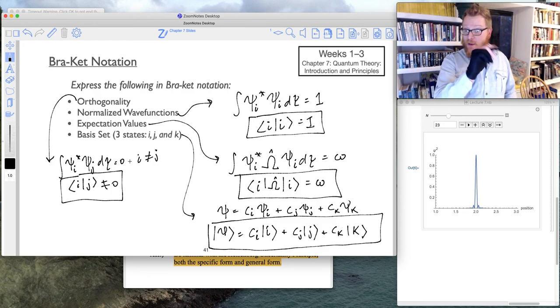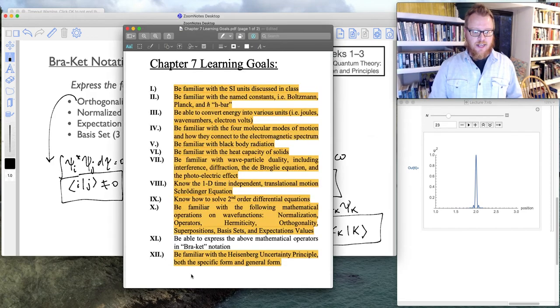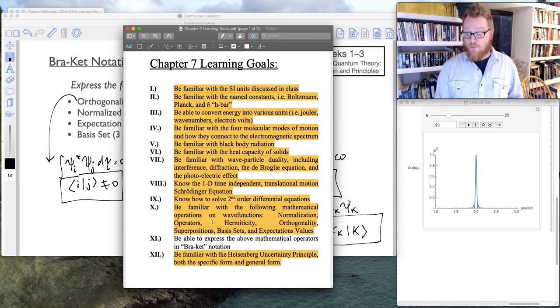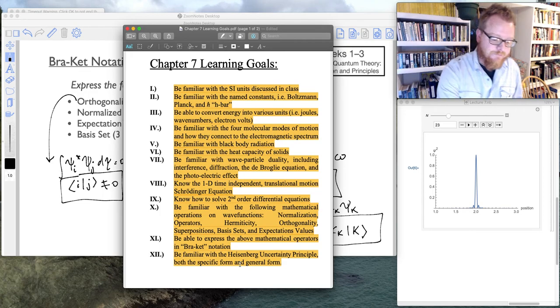But also, as I'm writing out my lecture notes, it's going to be very practical to use this shorthand. As it says in the learning goal, I want you to be able to express the above mathematical operations, basically, be able to use this bra-ket notation.